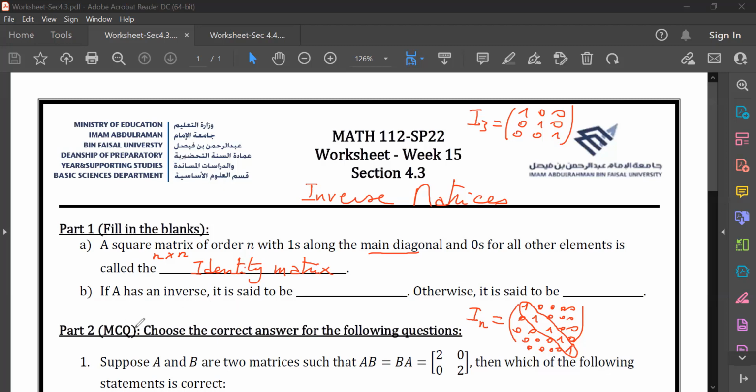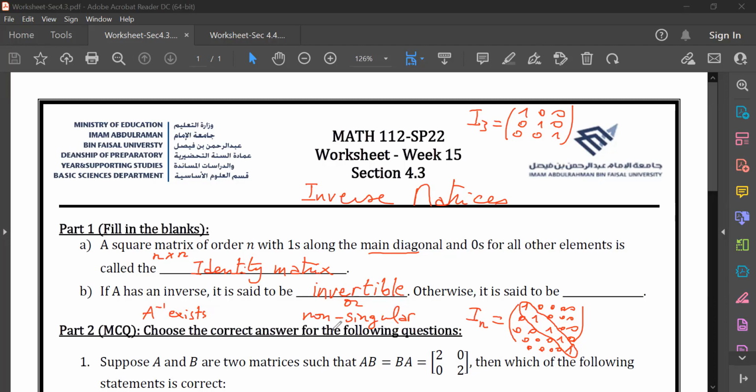So if a matrix has an inverse, we say that it is invertible, or non-singular. So in an exercise, if it says that a matrix is invertible or a matrix is non-singular, this means that the inverse exists, that A inverse exists.